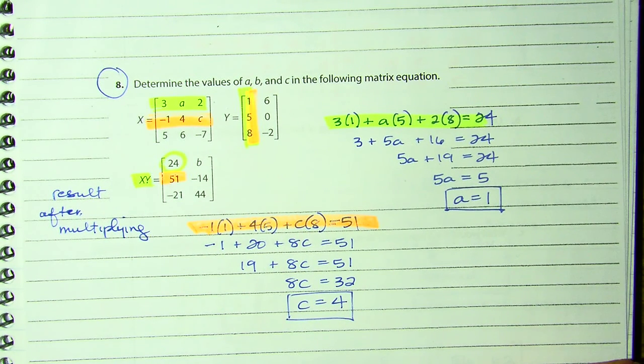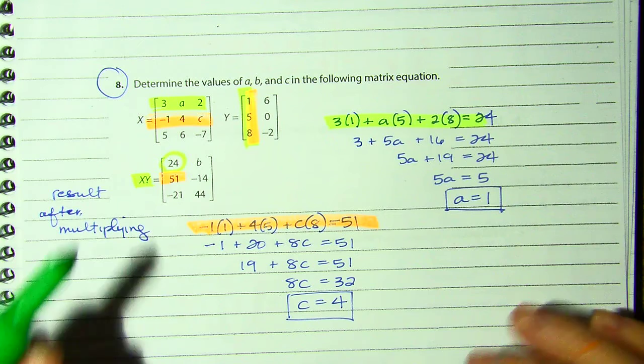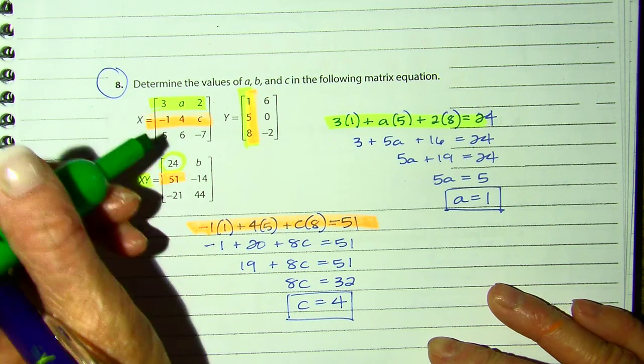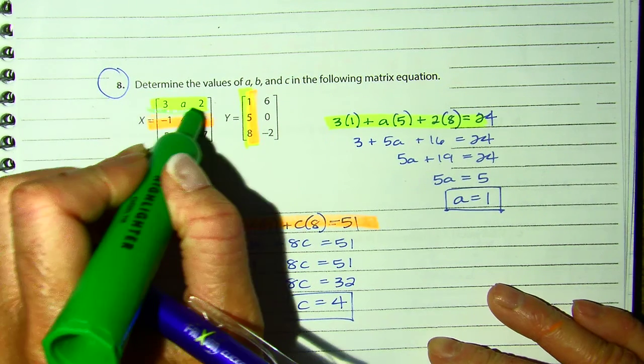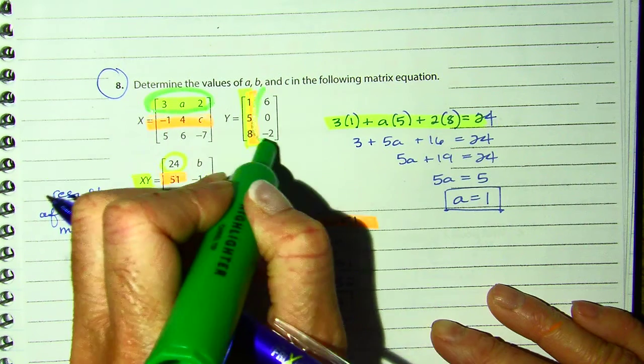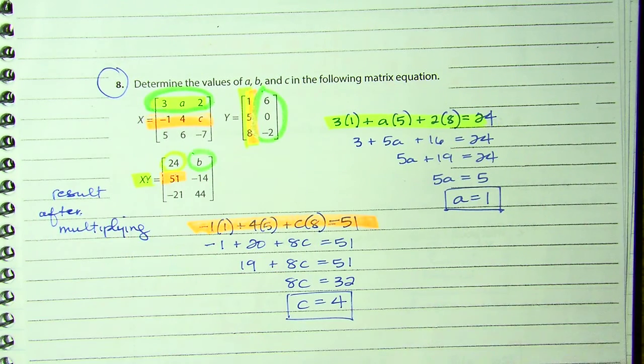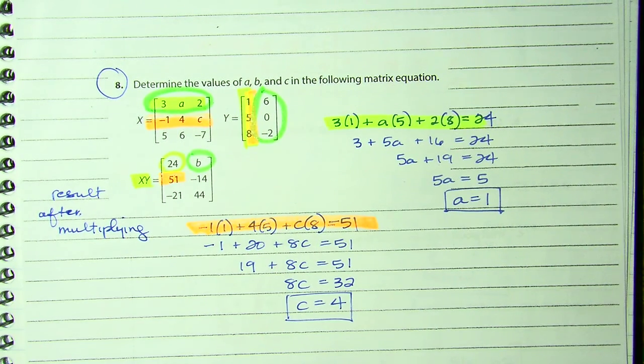Okay. All right, next. I know that this row times this column would give me this here. Okay, so I'm going to set that up here.